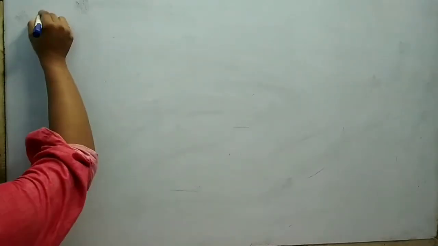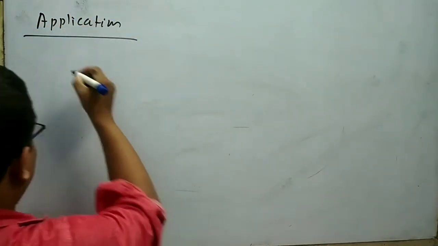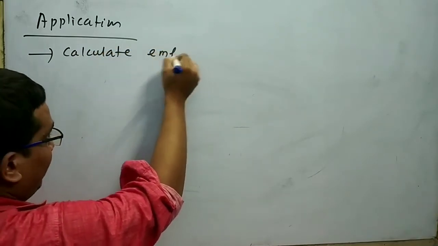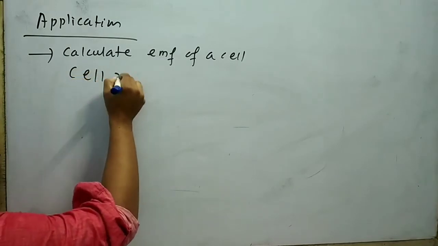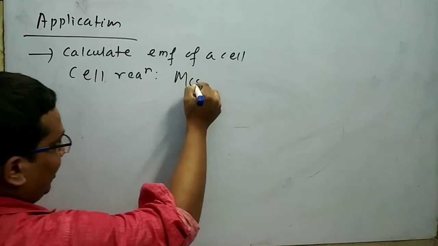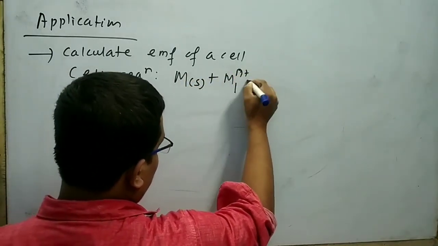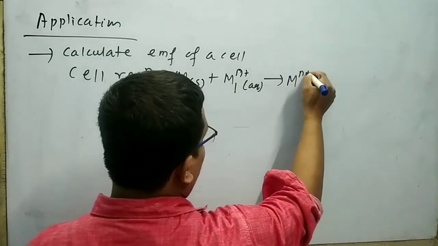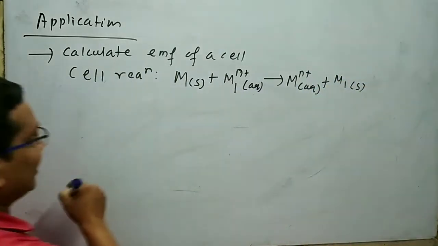Now I will explain the applications of the Nernst equation. The first application is to calculate the EMF of a cell. Suppose the cell reaction of a cell is M solid plus M1 n+ aqueous gives M n+ aqueous plus M1 solid. This is your cell reaction.